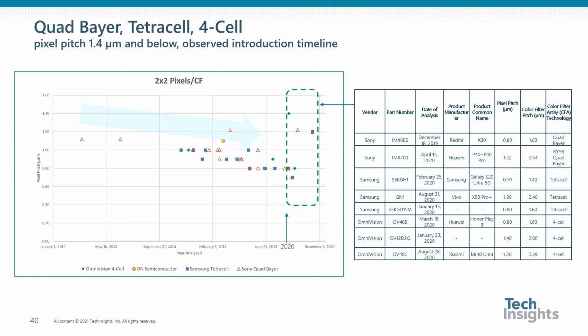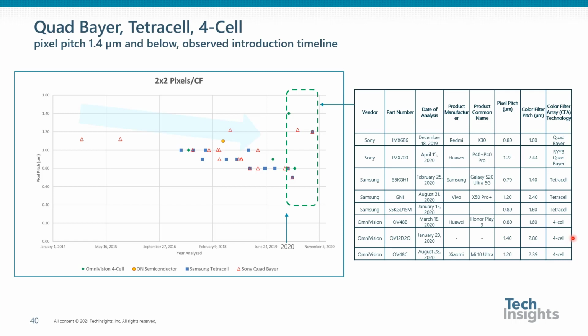For this year, we see that there is a rather large spread in pixel pitch for these 2x2 CFAs. Starting from the smallest, which is, of course, the Samsung's GH1, 0.7 micron pixel, and a tetracell pixel pitch of 1.4 microns, up to OmniVision's 1.4 micron pixel pitch and a 2.8 micron CFA pixel pitch for cell technology.